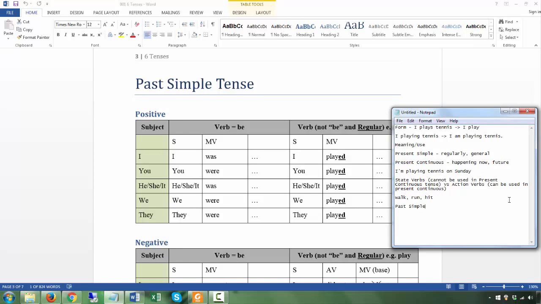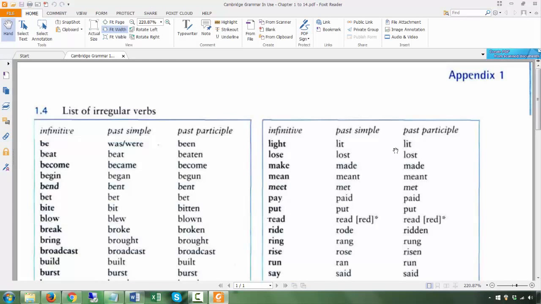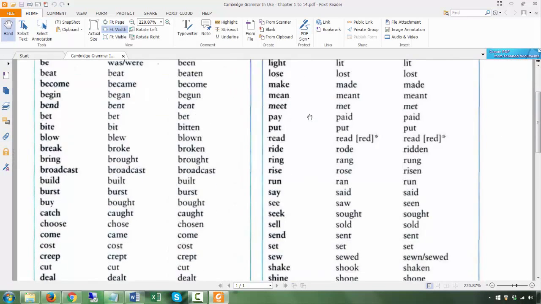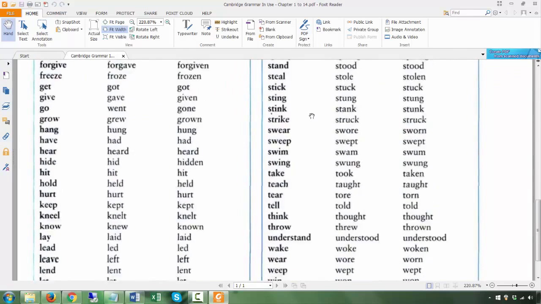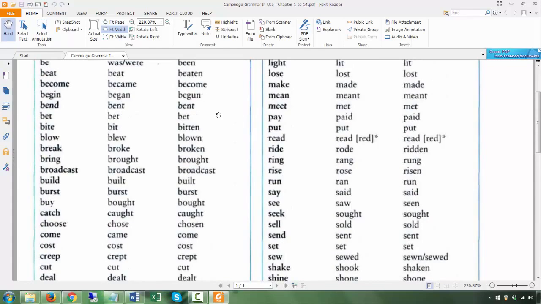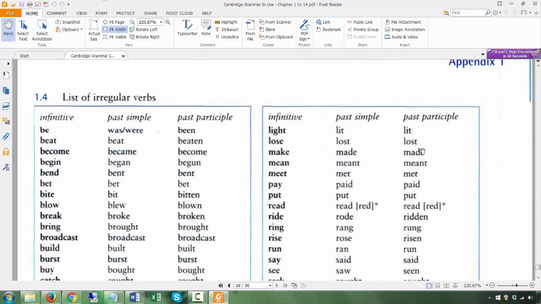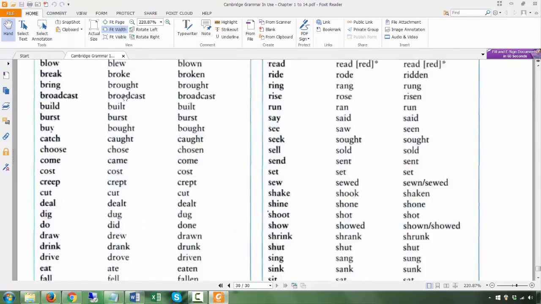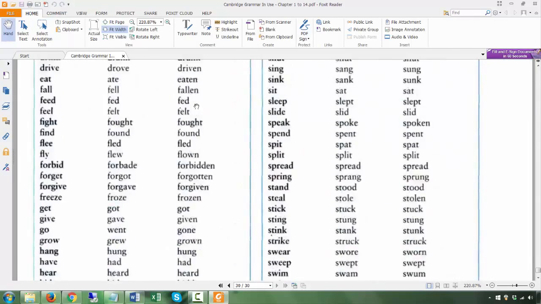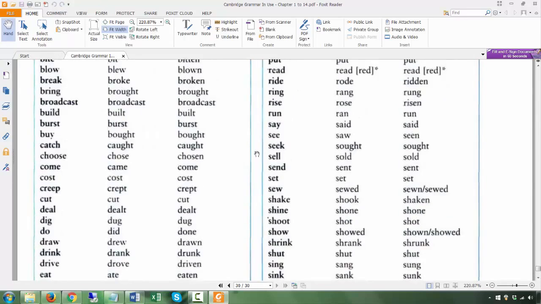Past simple. Let me show you this table. All right, I've added this list of irregular verbs to the end of this PDF.